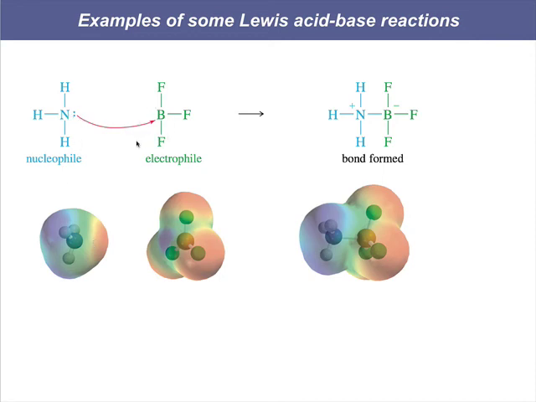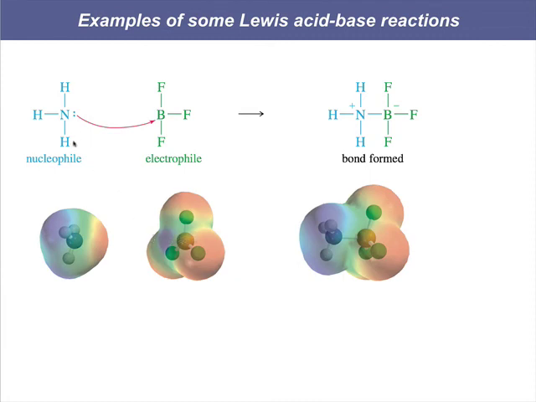Now on BF3, remember that the fluorines are very, very electronegative. So they're going to have lots of electron density around them, but they're also pulling electron density away from that boron. So the boron should have large positive character. That's what we see here. That blue area is basically the surface of the very positive boron.